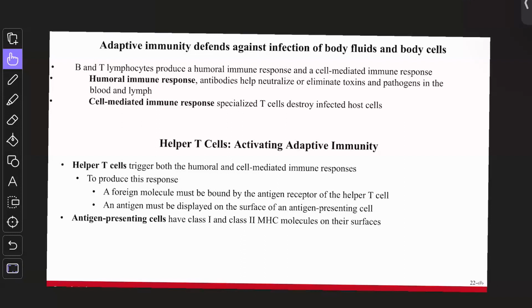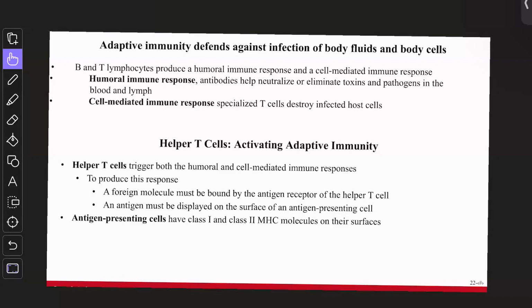Cell-mediated immune responses are T cell related, where the specialized T cells, cytotoxic T cells generally, will find and kill host cells that contain pathogens.